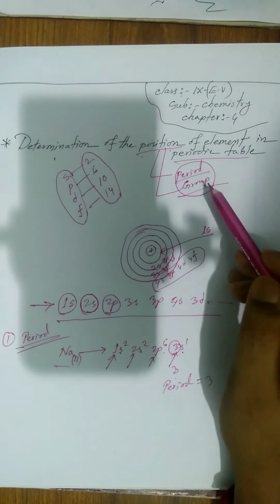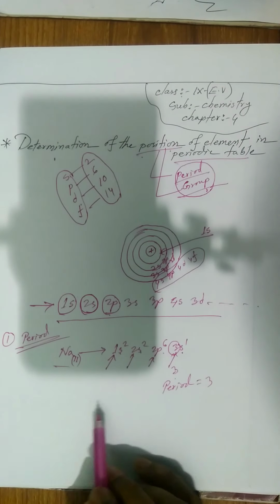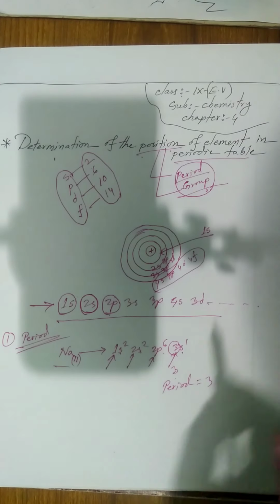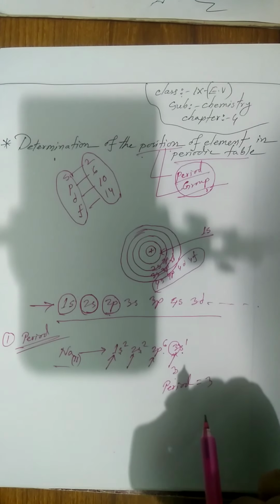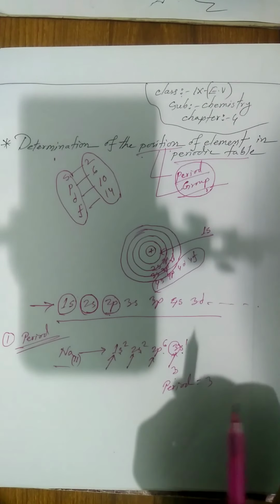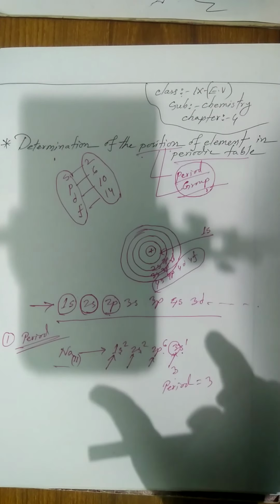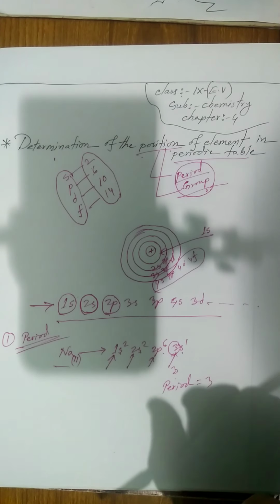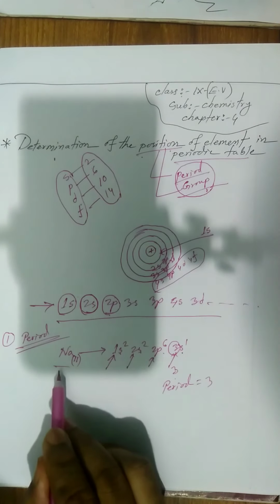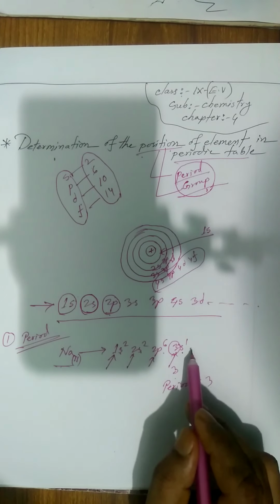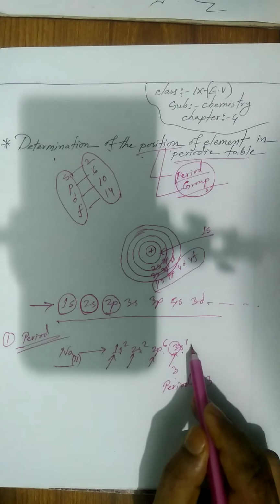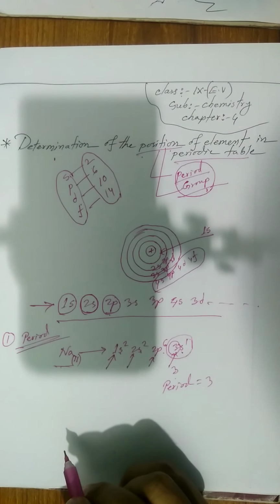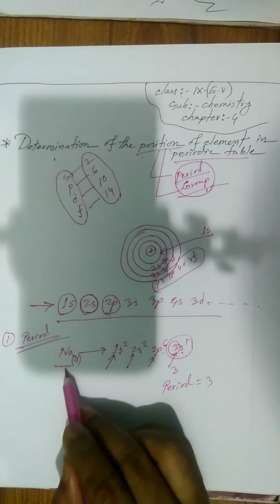Now, determination of the group number. In the case of an s block element, what is an s block element? During the electronic configuration of an element, if the last electron goes to the s orbital, then it is called an s block element. In the case of sodium, the 11th electron has gone to the s orbital, so this is an s block element.